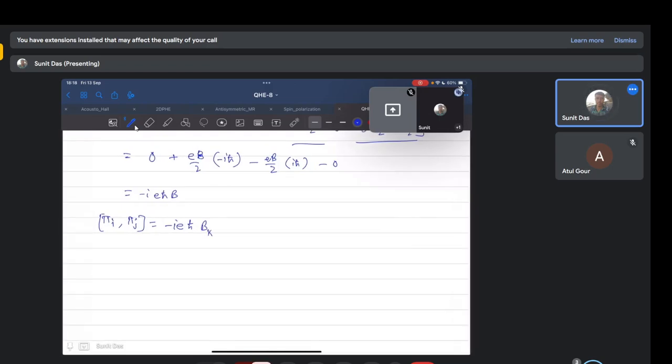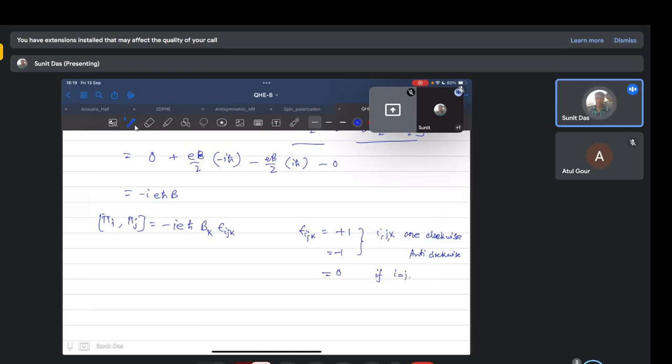So in general, we can write that it will be i e h bar B_k epsilon ijk. And it will be minus for the general case. So epsilon ijk is plus 1 when ijk are clockwise, and it is minus 1 when they are anti-clockwise, and 0 if any two of the indices ijk are equal.